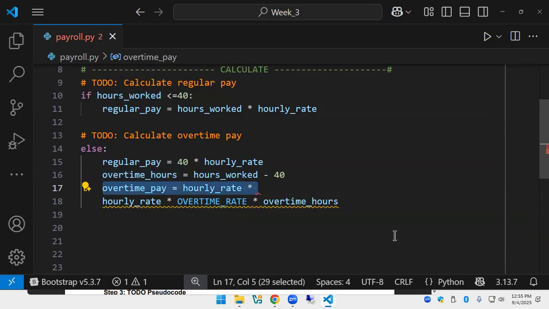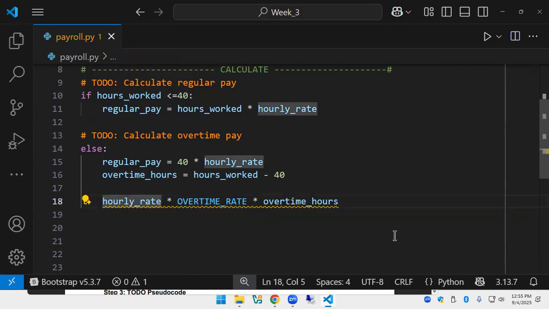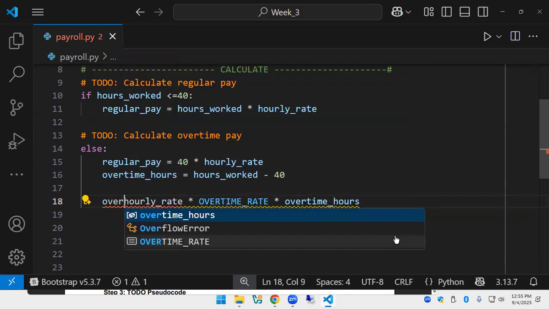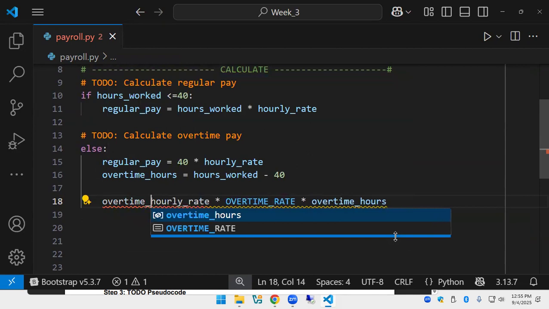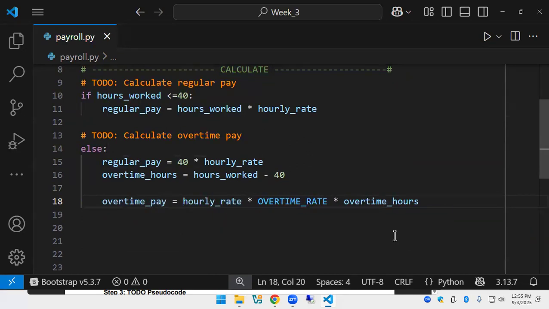And so this one's in the wrong place. This should be overtime pay, right? What do you think? That'll give us just the 5 hours, so then you add the overtime pay and the regular pay.